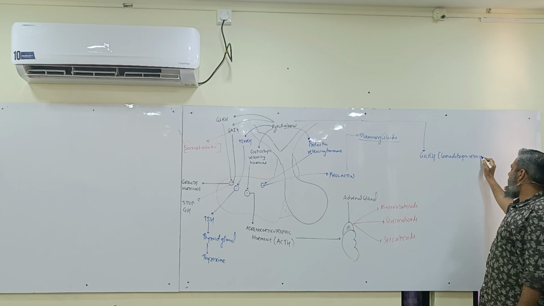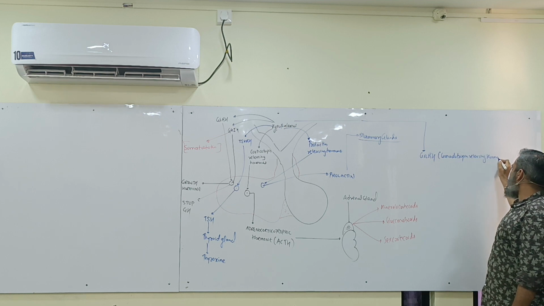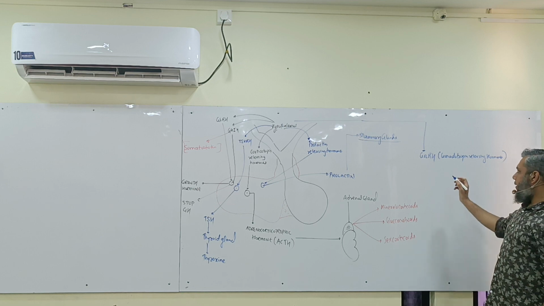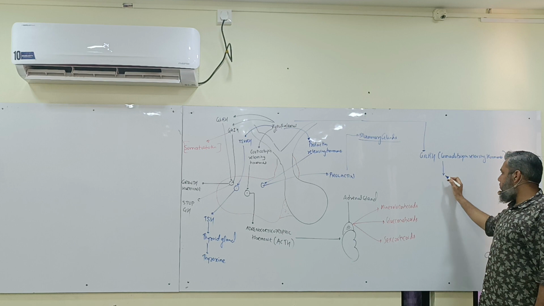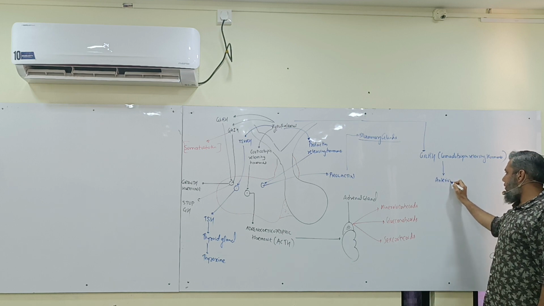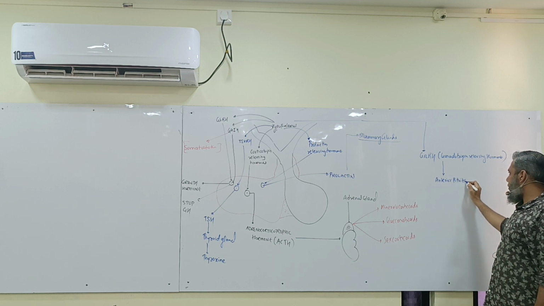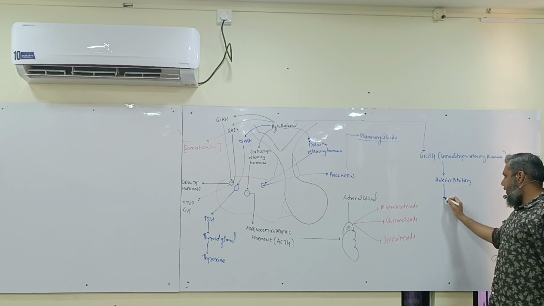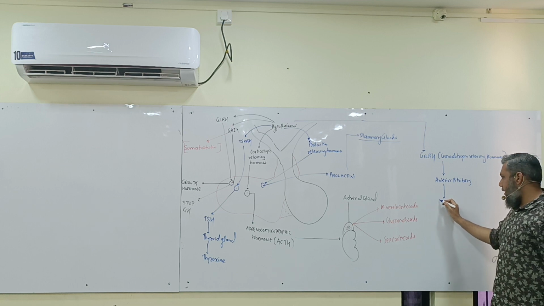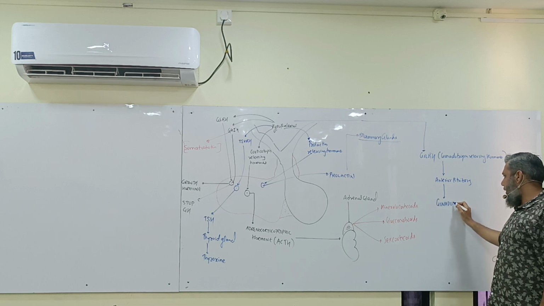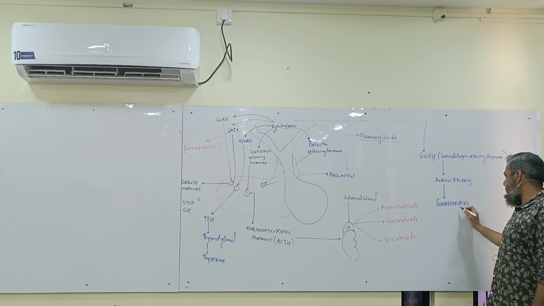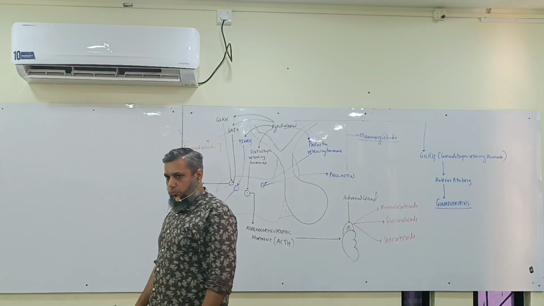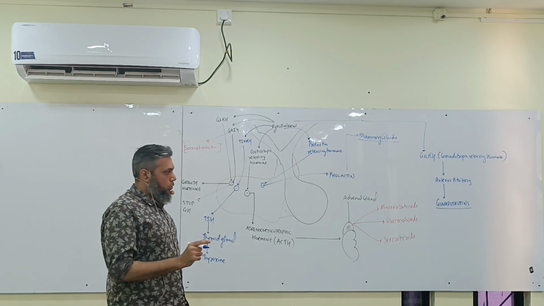Once again they will act on whom? Anterior pituitary gland. And this anterior pituitary will secrete hormones which are called gonadotropins. What are the name of the hormones? Gonadotropins. Okay.